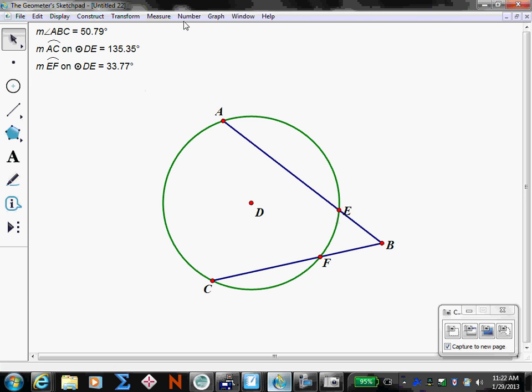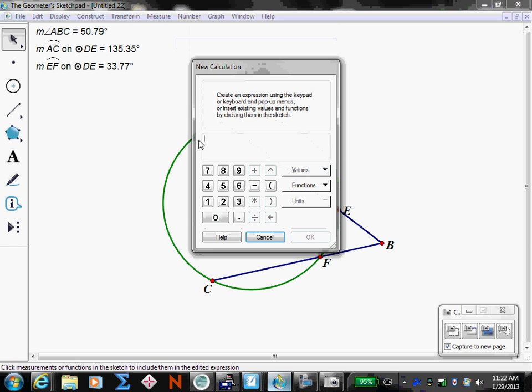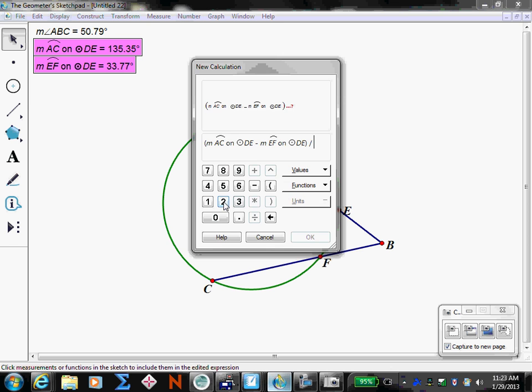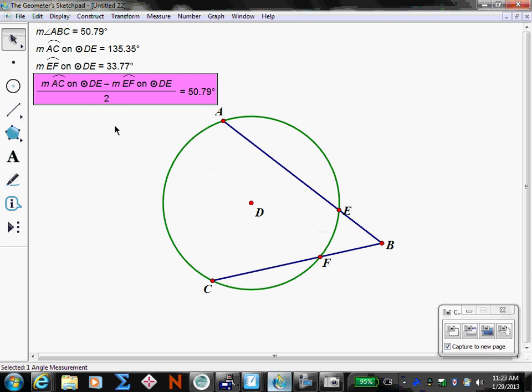And open up my calculator and show you that if I take the larger intercepted arc and subtract the smaller intercepted arc and then divide it by 2, I get the measure of my angle. So let's look at that. Here these secants are intercepting 2 arcs. So I've got the larger arc, and if I subtract the smaller arc and divide it in half, I will get the measure of the angle.